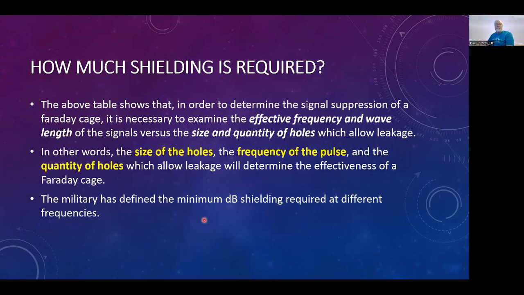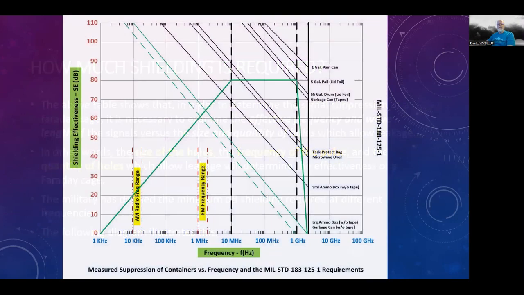The military has defined the minimal dB shielding required at different frequencies, and here is the mil spec for that. You can see that the 80 decibel is their requirement, and a lot of different things that you can see here along the side give you the relative shielding effectiveness on this scale here versus the frequency that you're trying to protect.